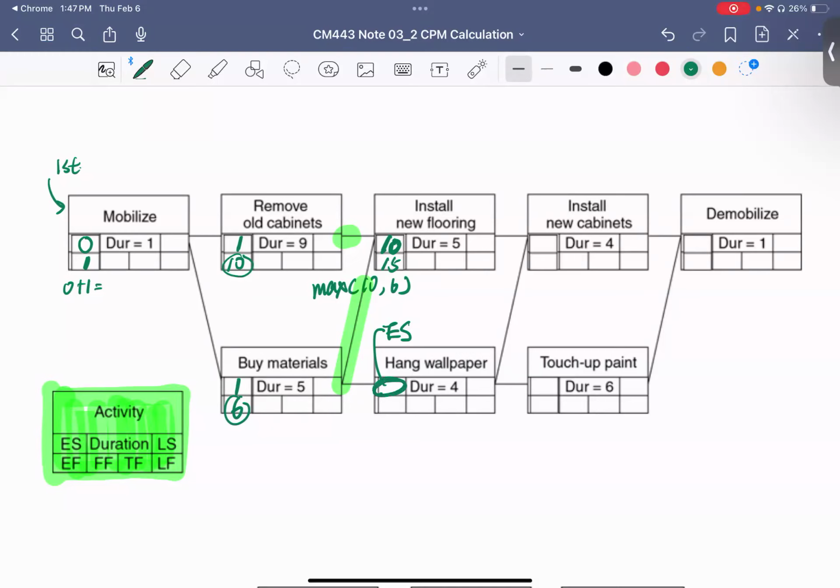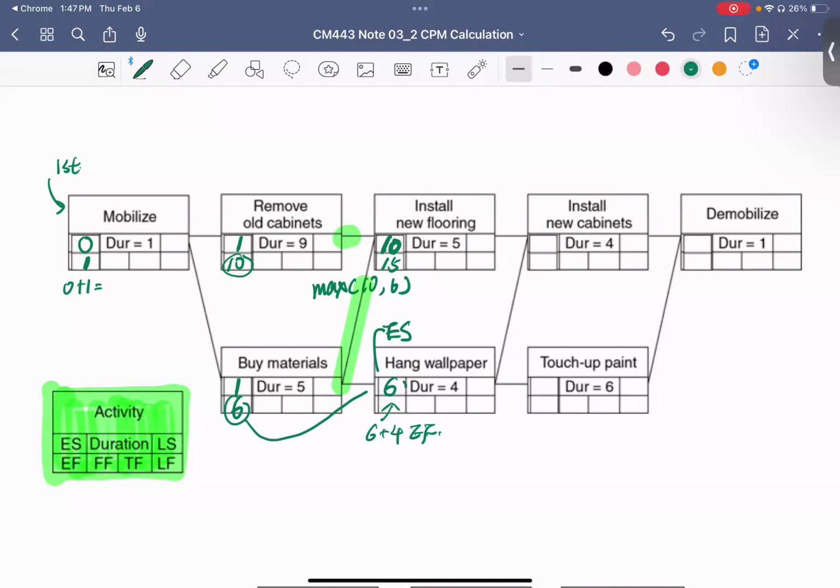The early start time comes from the early finish time of your previous one. So that will come from here. Oh, so 6 plus 4. No, just 6. Because this is early start time. The 6 plus 4 is for this one. This is early finish time. Okay.